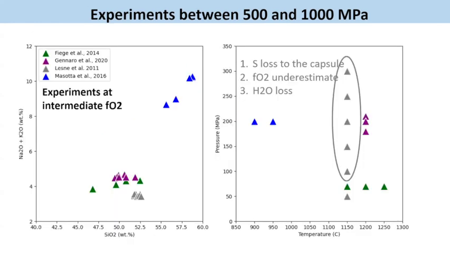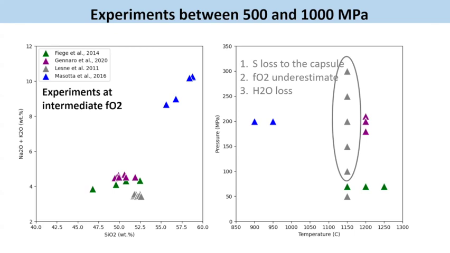Next slide, please. This figure shows the experiments at intermediate fO2, and they're more likely to suffer from many experimental challenges when we want to do experiments on sulfur. For example, some of them suffered from sulfur loss to the noble metal capsule.